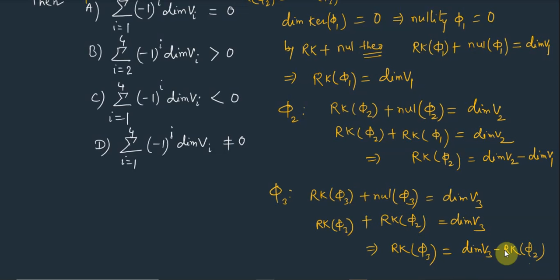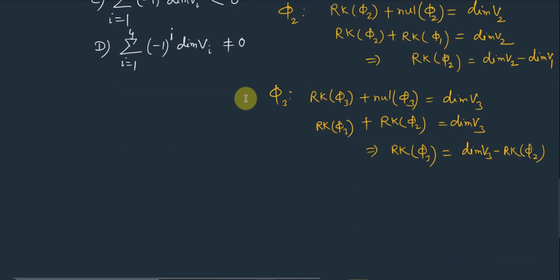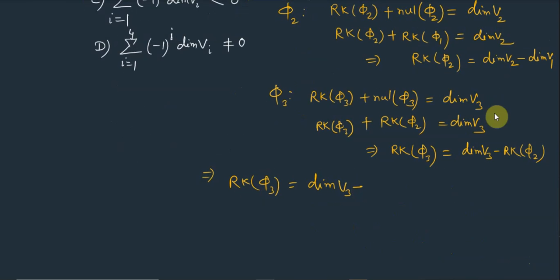So rank of phi3 is equal to the dimension of V3 minus the dimension of V2 plus the dimension of V1. Clear?